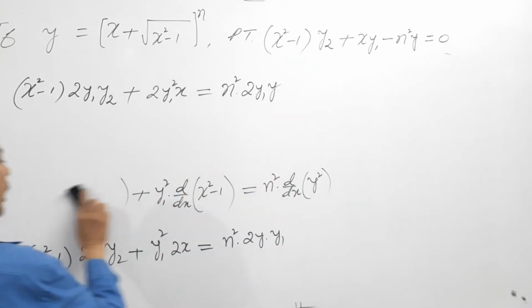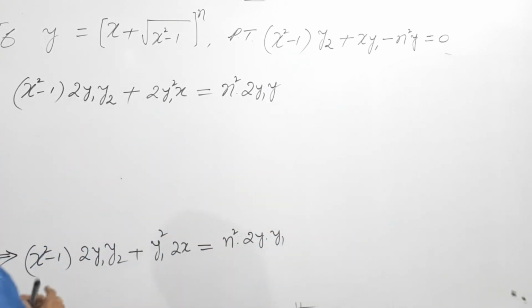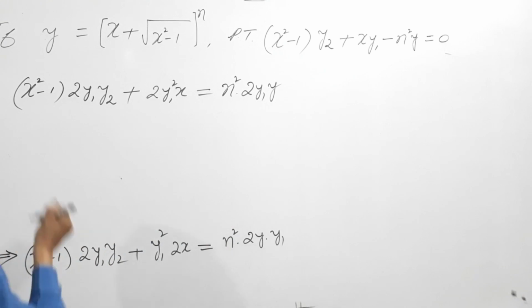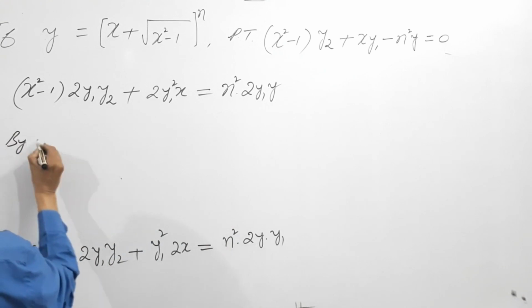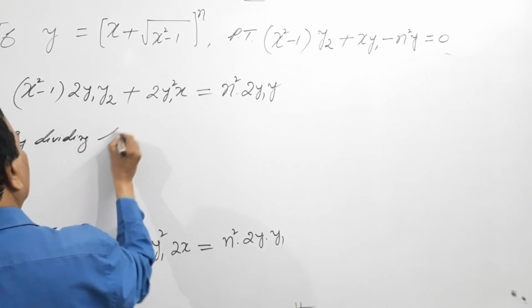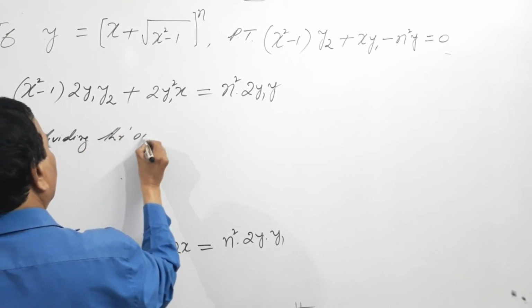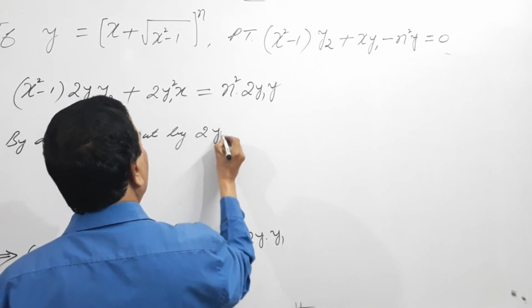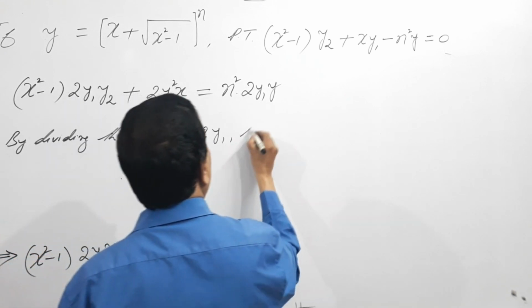After having done so much, what I'll do is I'll divide throughout by 2y1. What happens?